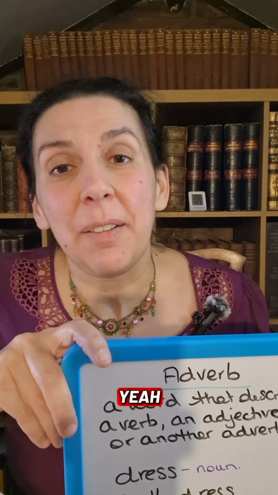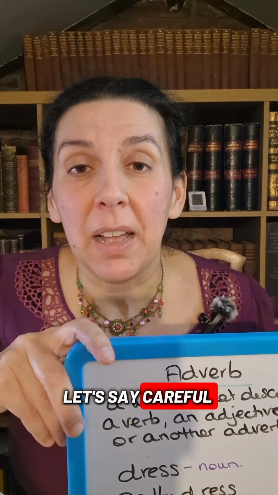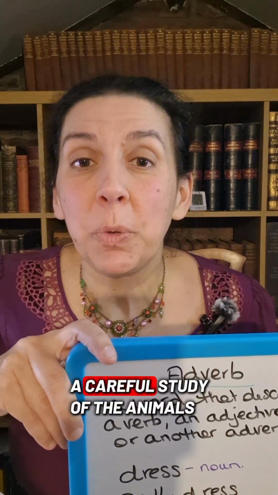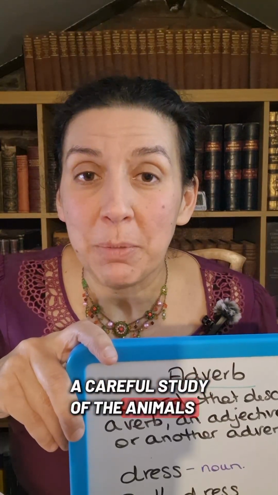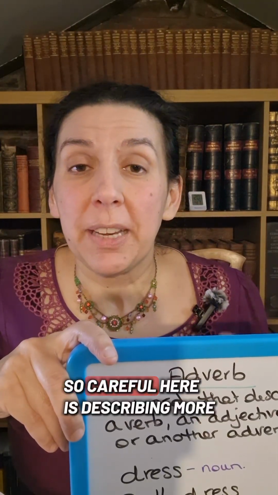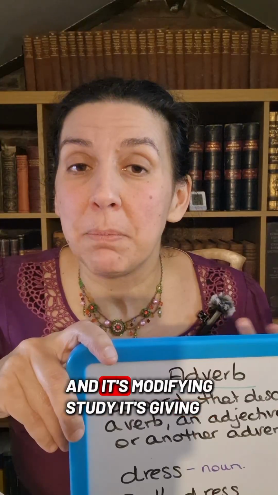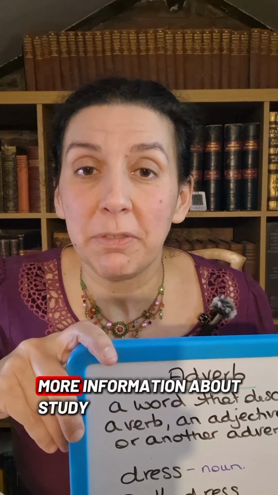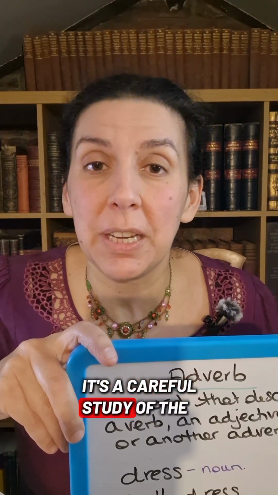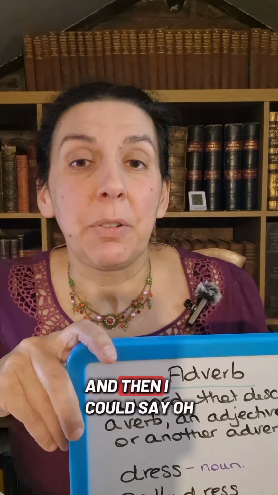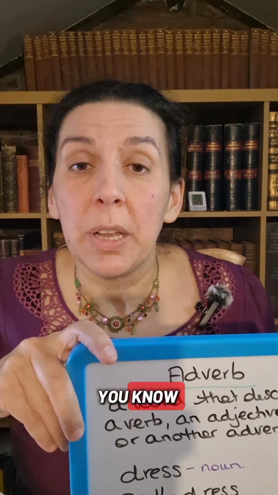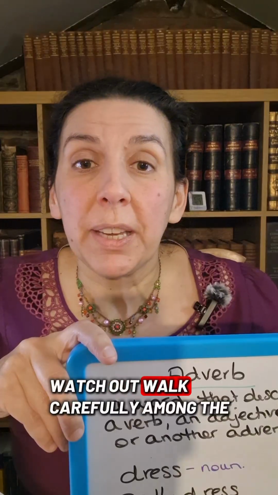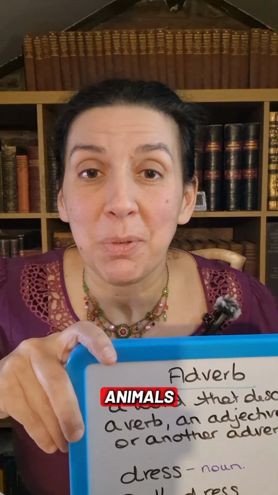Yeah. Let's say careful. A careful study of the animals. So careful here is describing more, and it's modifying study. It's giving more information about study. It's a careful study of the animals. And then I could say, oh, watch out, walk carefully among the animals.